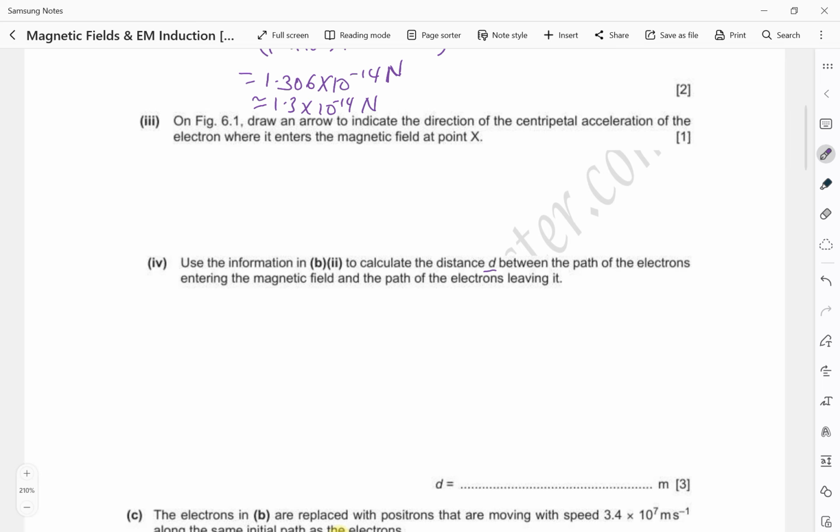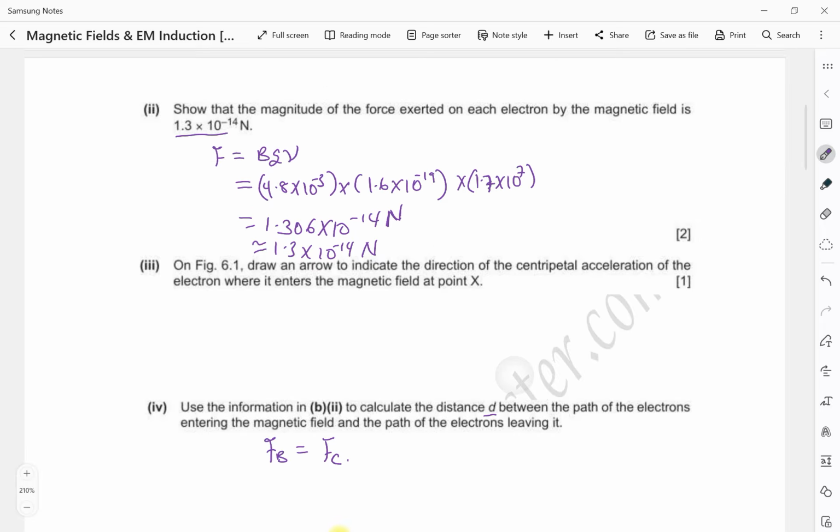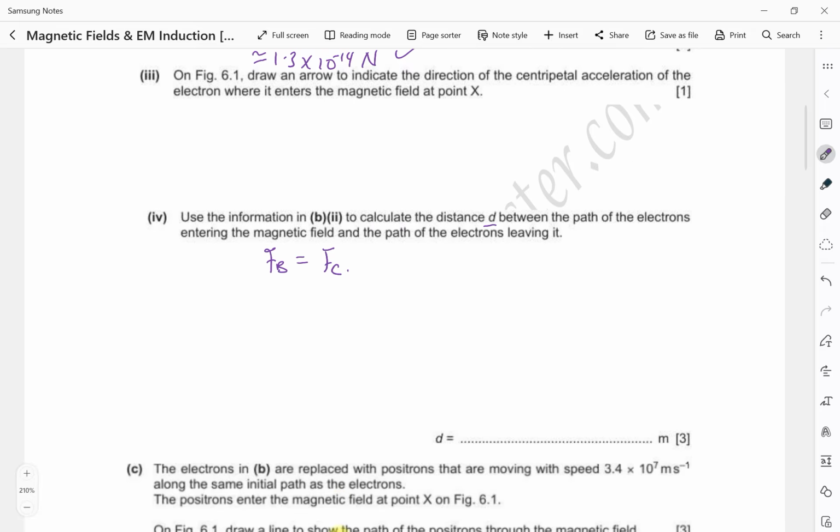We can first find the radius. We have said that the magnetic force provides centripetal force. So in other words, the force due to the magnetic field is going to be equal to the centripetal force. The centripetal force is equal to mv squared over r, and the magnetic force is equal to Bqv, which is equal to 1.3 times 10 to the power of minus 14.